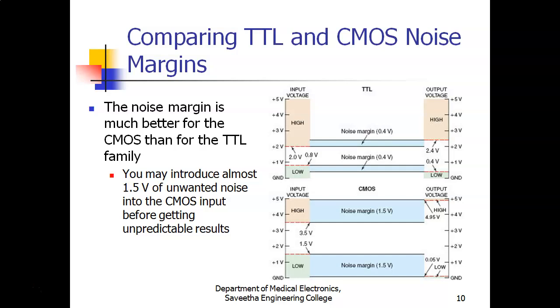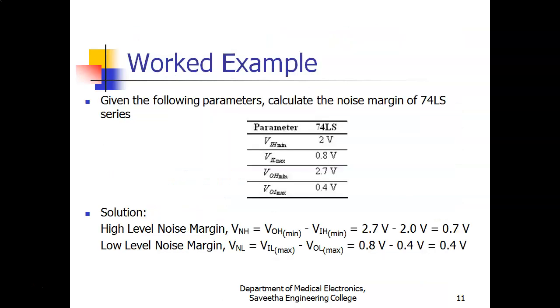For TTL it is 0.4 volts, whereas for CMOS it is 1.5 volts, which is very high. That is basically what you can see in the waveform, a diagram which represents it. You may introduce almost 1.5 volts of unwanted noise in CMOS before getting unpredictable results.